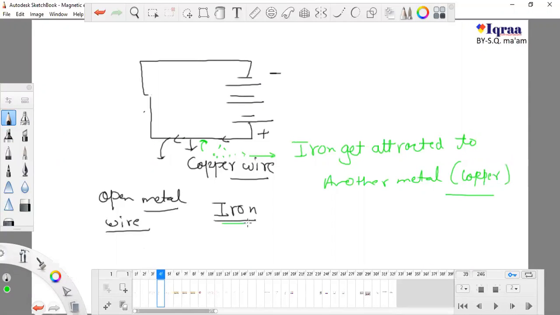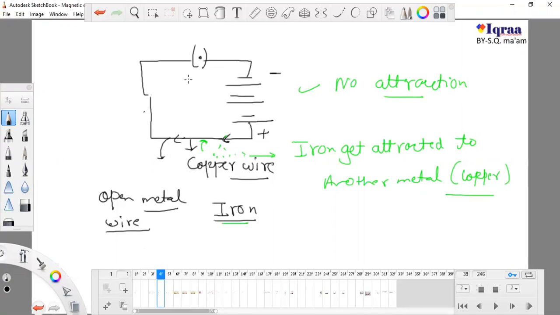Iron is a metal, and this open copper wire is also a metal. When there is no electricity, there is no attraction. That is clear. But as soon as I conduct electricity, I switch this cell on. This is our key, so I can open the key or close the key.